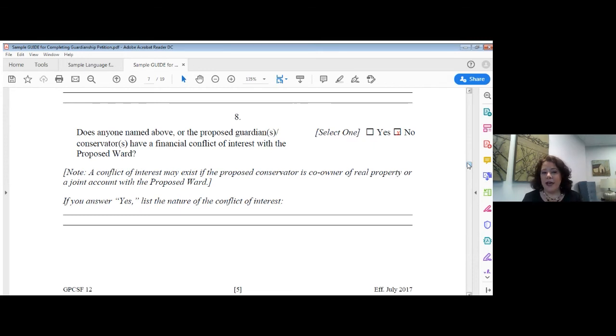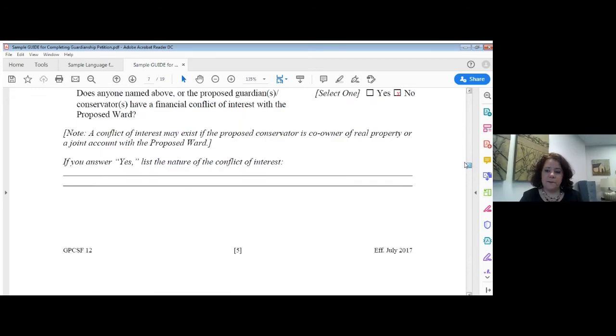A joint bank account and even joint ownership of real property typically is not going to boot you out of the running and say, oh, can't be guardian, can't be conservator. The court just wants to be made aware of it to know to, you know, keep an eye on that going forward. So if you do have any joint ownership interests with your child, you would disclose those there at number 8.